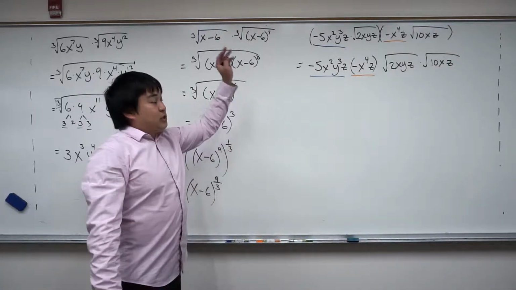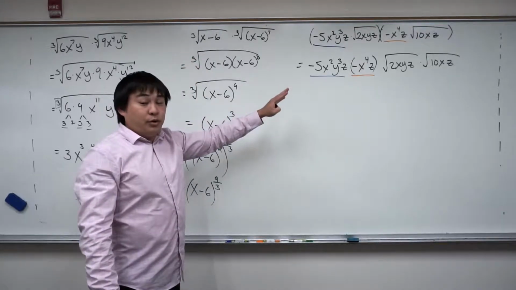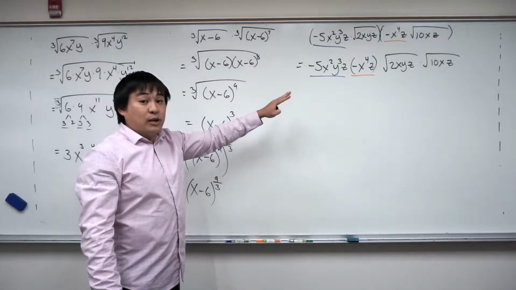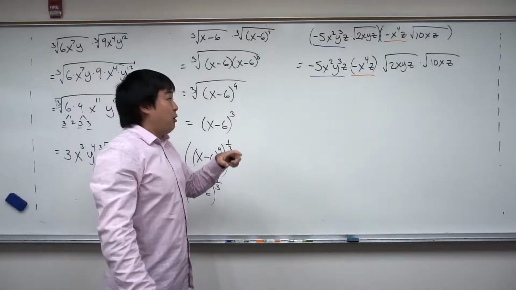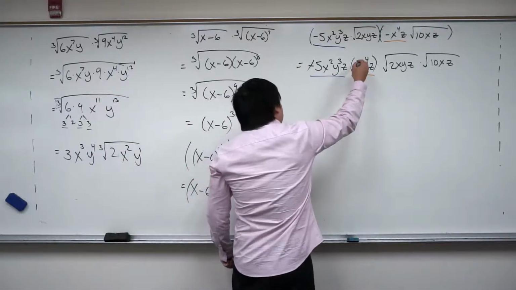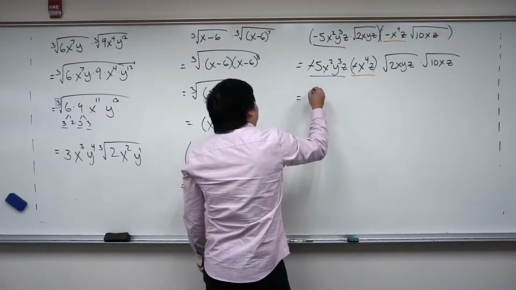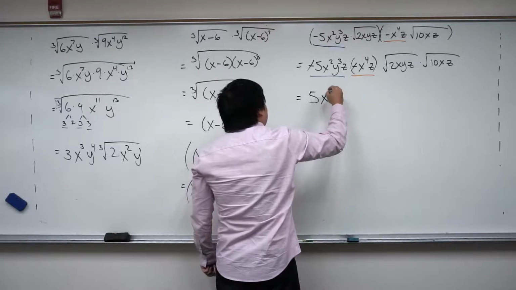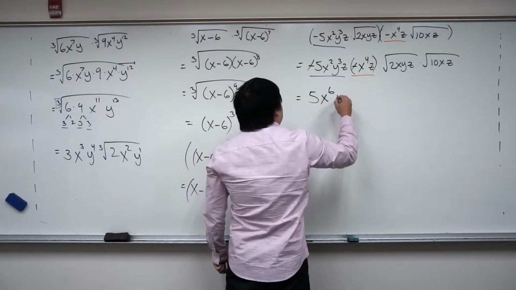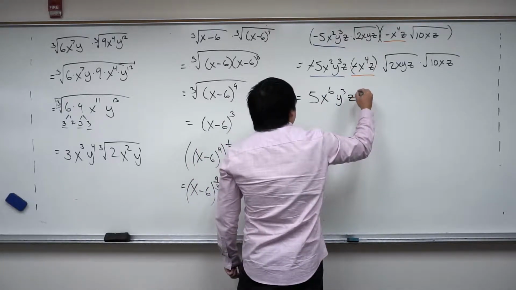So now what we're going to do is we're going to apply that square root, or the putting it under a single radical, to the last two parts, and then we're just going to simplify the front part. So these negative signs cancel. You're left with 5. The x squared and the x to the 4th give you x to the 6. Y gives you y to the 3, and then z gives you z squared.